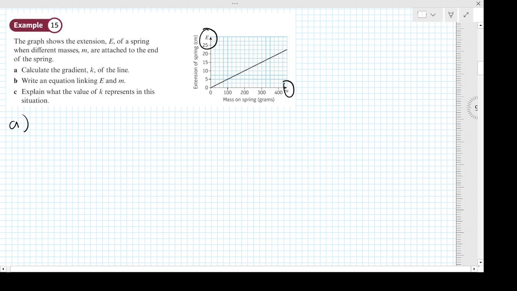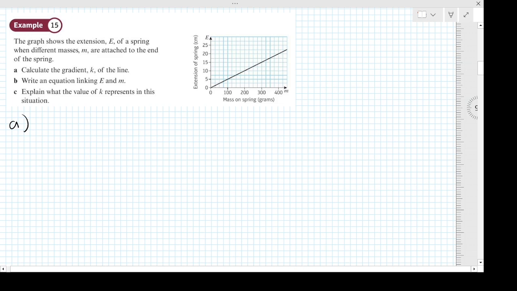M is on the x-axis, and E is on the y-axis, so we call them the M-axis and the E-axis. In real life you're going to get all sorts of different variables, because real life is diverse by nature. But it's the same idea we looked at, just with E and M instead of y and x.